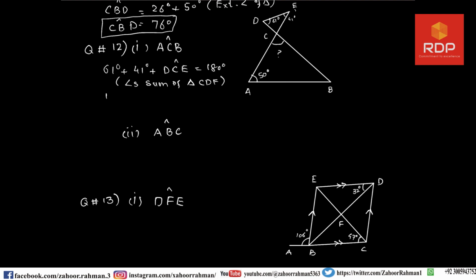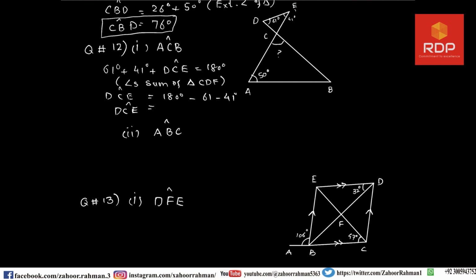Now we can find DCE is equal to 180 degrees minus 61 degrees minus 41 degrees, and then DCE is equal to what?